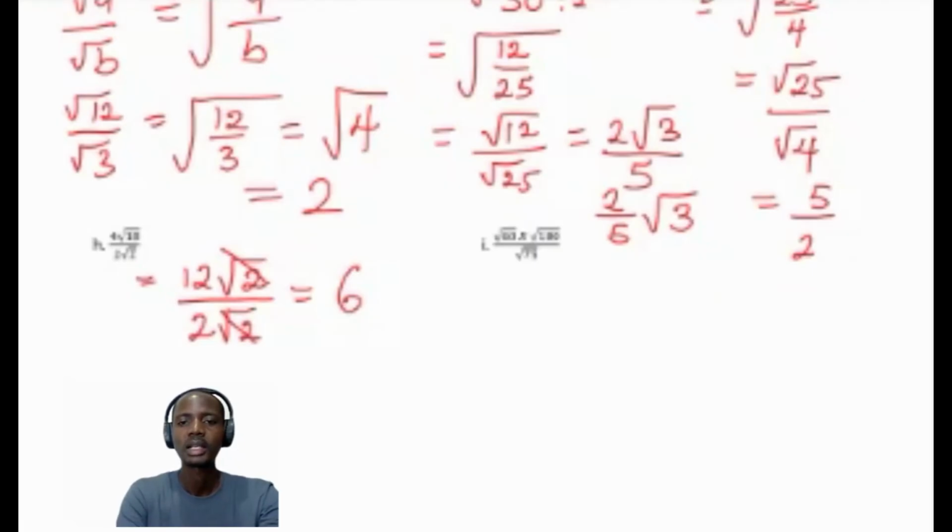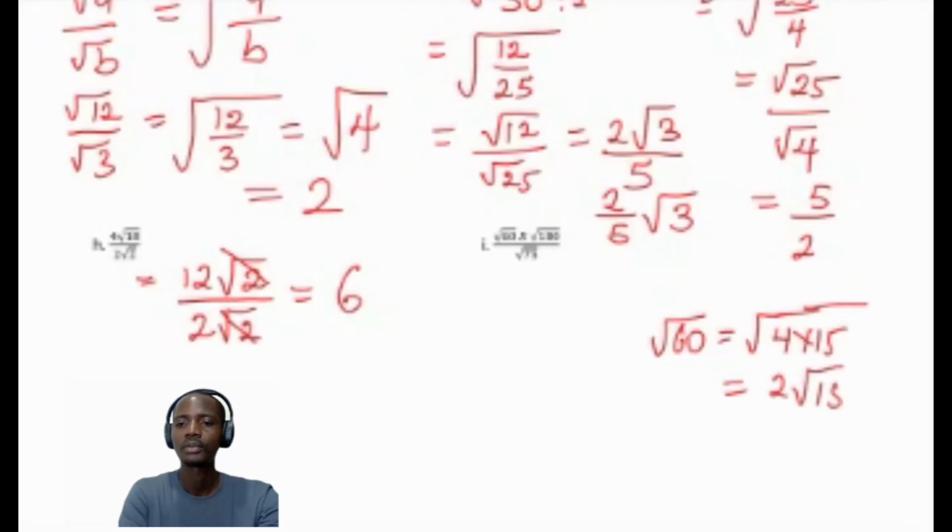Root 60 is equal to root 4 times 15. And we know that root 4 is 2, right? So I can have root 60 as 2 root 15.